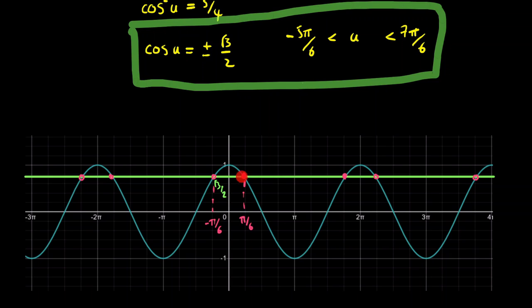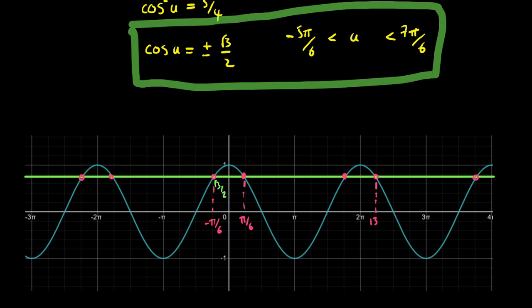So if I start at this point here and move another 2 pi, I'm going to get to the next intersection point here, right? So this one is going to be equal to pi by 6 plus 2 pi radians. So pi by 6 plus 2 pi is going to be, what's that? 2 pi is 12 pi upon 6.